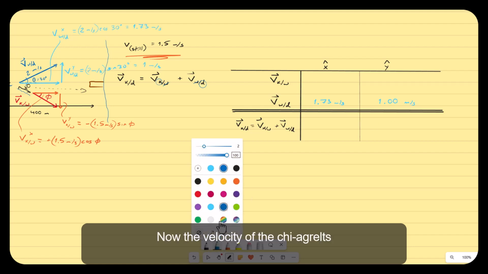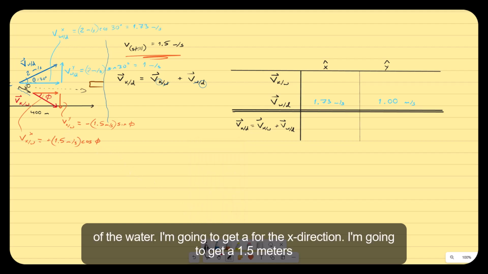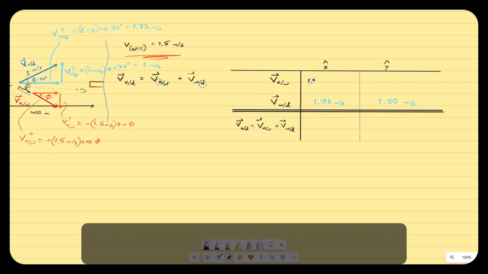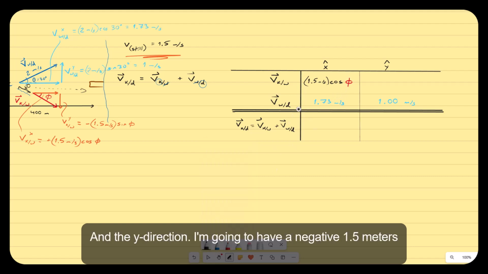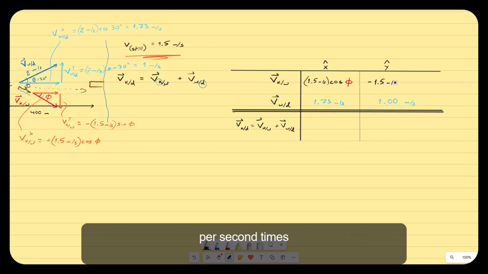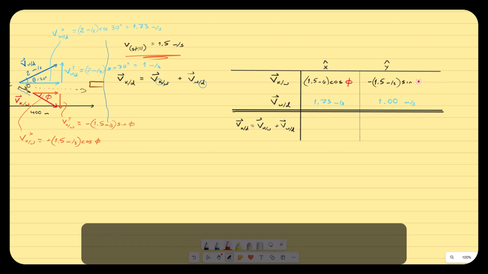Now the velocity of the kayak relative to the water. I'm going to get for the x direction, I'm going to get a 1.5 meters per second times the cosine of phi. And for the y direction, I'm going to have a negative 1.5 meters per second times the sine of phi, negative because it points downward, it points toward the south.